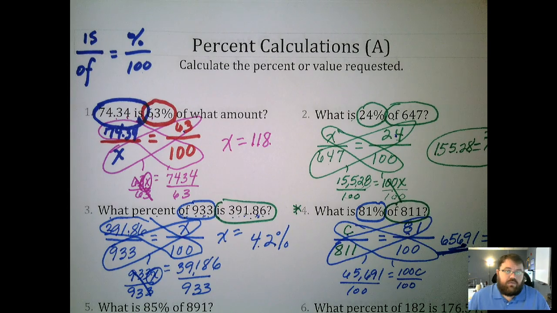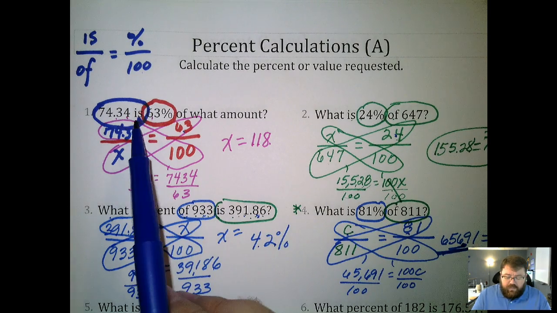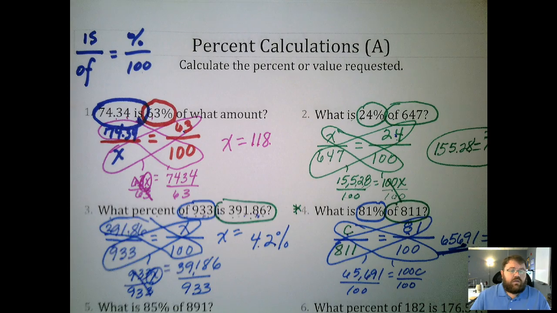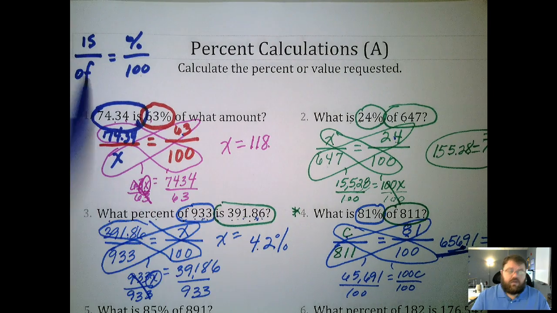If it doesn't have a percent, then that's the part that's missing, so you know where your variable is at. Next, I do want us to look at is over of. So you look for the words in front of or maybe behind your number, and you're able to substitute those numbers in for is or of in the equation.